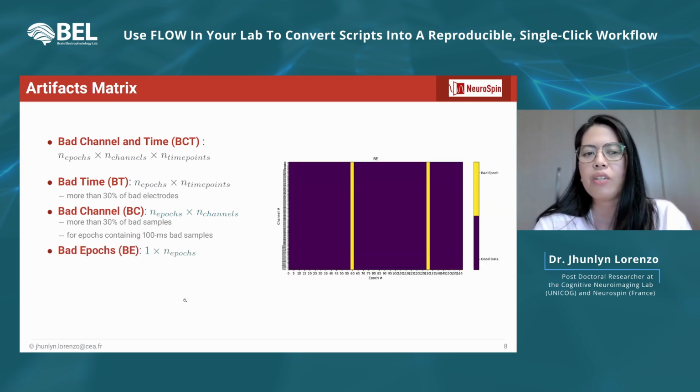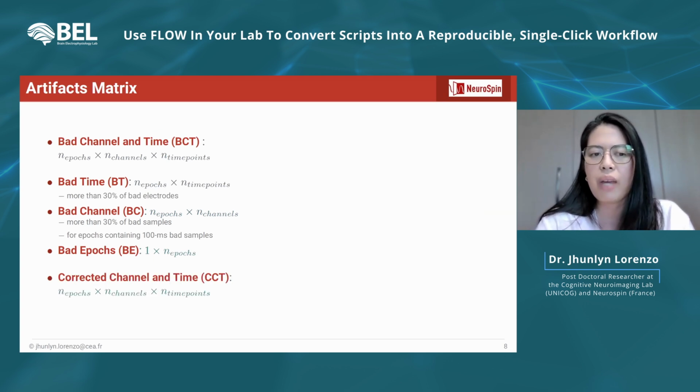We also have a matrix that identifies the bad epochs, or the epochs to be rejected. And lastly, we have an additional matrix for the corrected channel and time. This matrix stores the location of the samples that are corrected through the process.